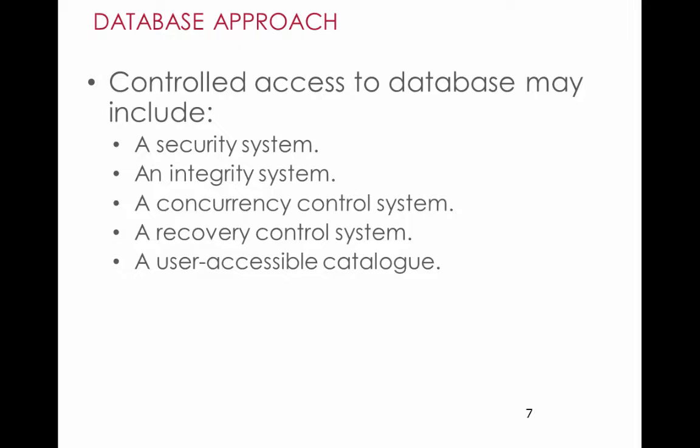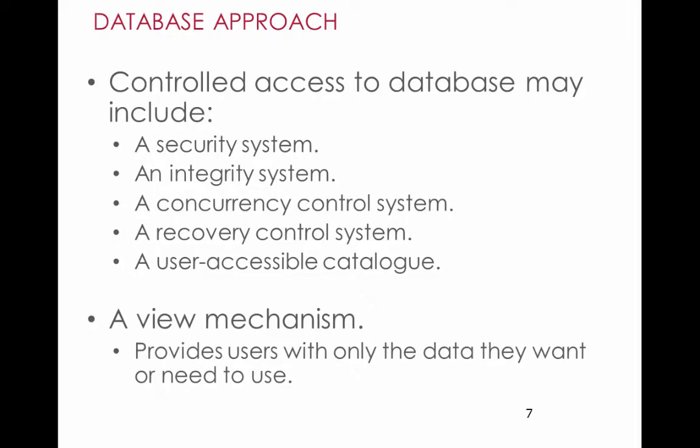Integrity has to do with keeping our data from being modified inappropriately. Concurrency control, that has to do with multiple users. Recovery control, that is like if you have a crash or a power blip, how do you keep from having that corrupt your data? And then what they call a user accessible catalog, that's the description of the data.